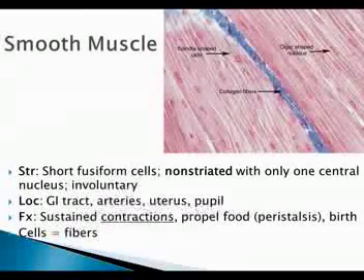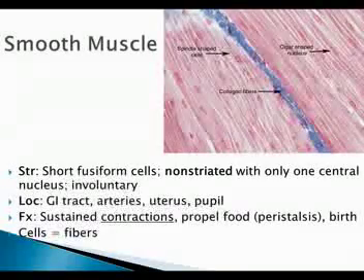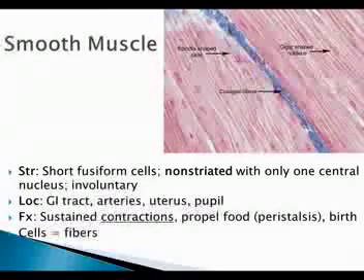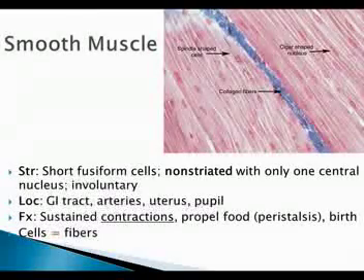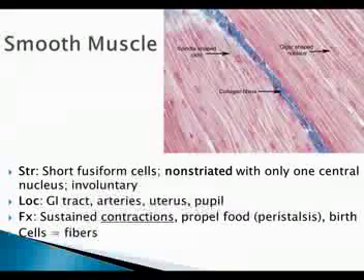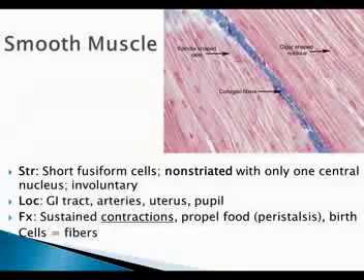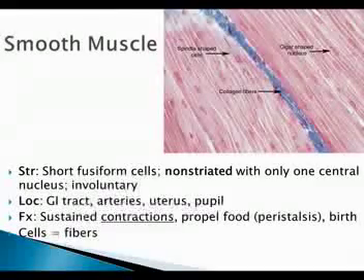Right? So alcohol is going to suppress it, and it's going to affect that response. So it's a way that you can't control, but it's kind of an indication of drunkenness, I guess. So again, the location is going to be on the GI tract, arteries, and the pupil.